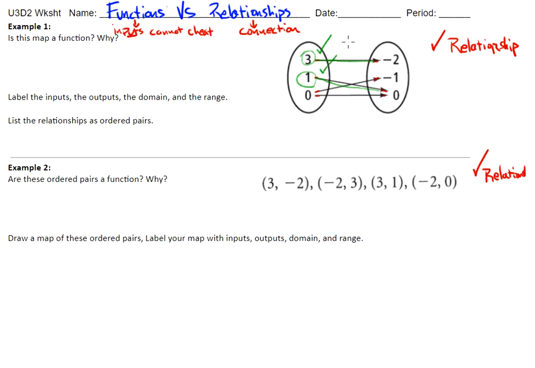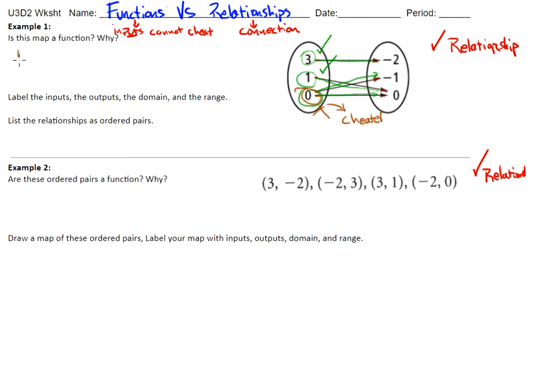The 1 is good. 0 is a cheater. 0 is in a relationship with negative 1 and with 0 at the same exact time. This guy right here is a cheater. Cheater, pumpkin eater.